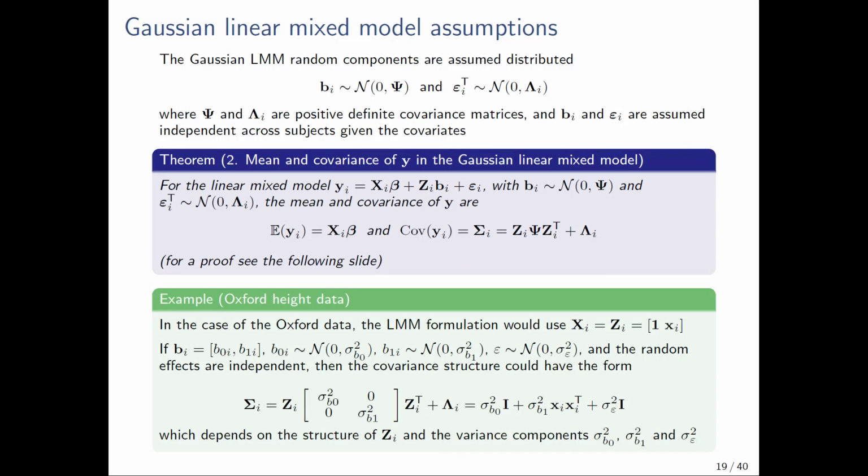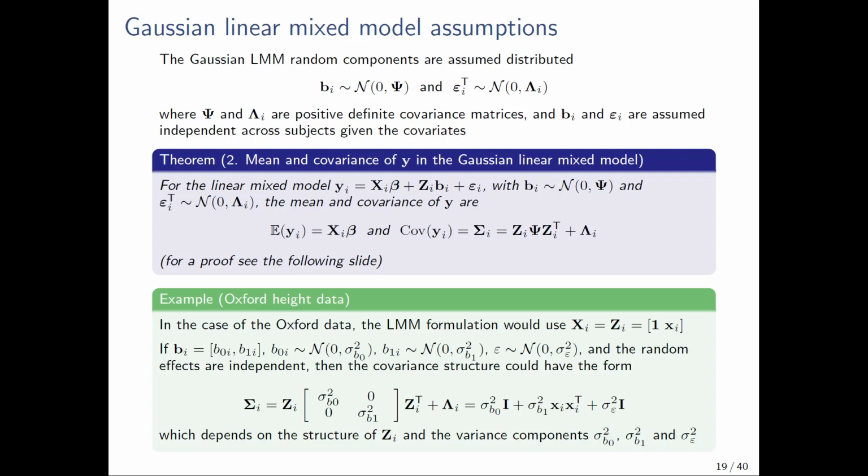To make this concrete with the Oxford data, the linear mixed model formulation uses X_i equal to Z_i, so X_i and Z_i are both the same design matrices, both containing an intercept and standardized age. That's all we have.